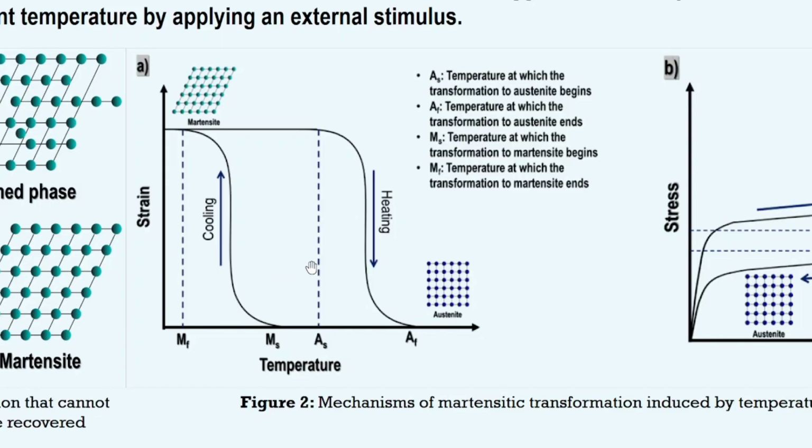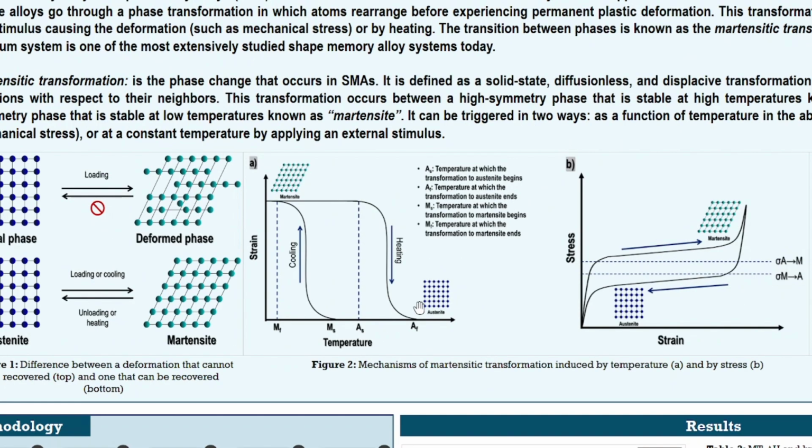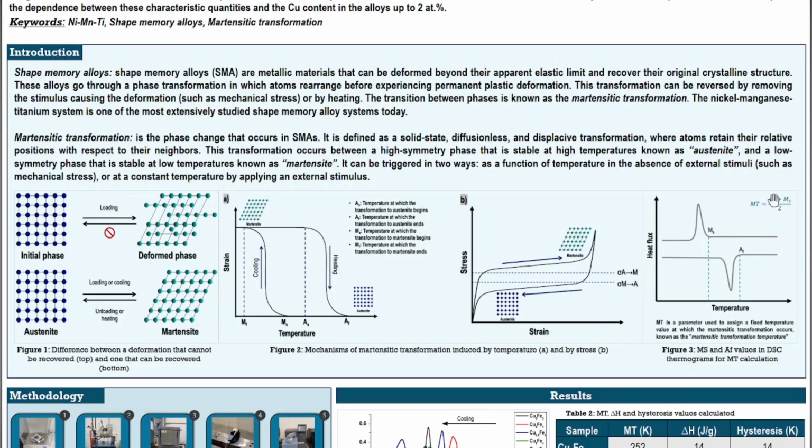So to get a single transformation temperature value, we use the average of MS and AF. This is a representation of a DSC thermogram and indicates where we can locate MS and AF to be able to apply the average. This value is known as martensitic transformation temperature, or MT.